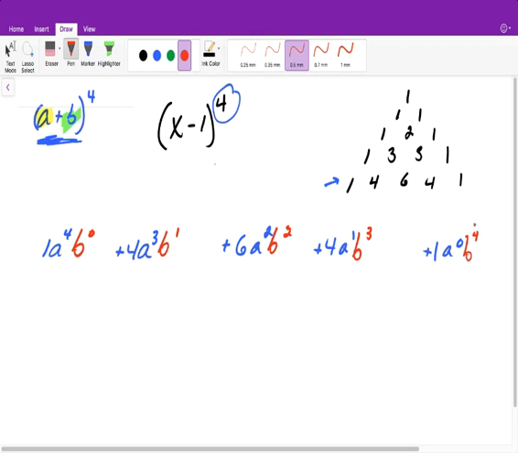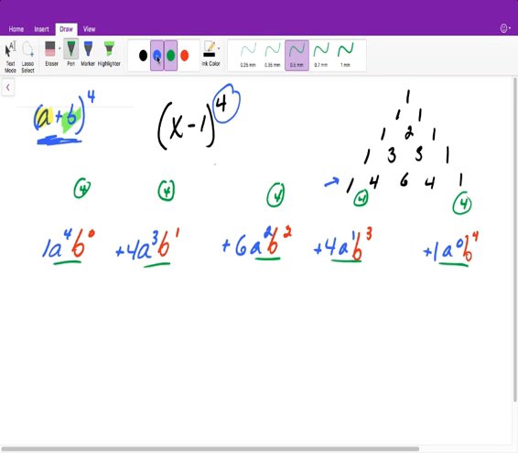Now, I didn't do this for the last problem, but remember, the way you can check your work is, if this is a power of 4, every single exponent pair should add up to 4. 4 plus 0 is 4, 3 plus 1 is 4, 2 plus 2 is 4, 1 plus 3 is 4, and 0 plus 4 is 4. And the number of terms we have, 1, 2, 3, 4, and 5, should always be 1 more than our power. So that's a way you can check your work.